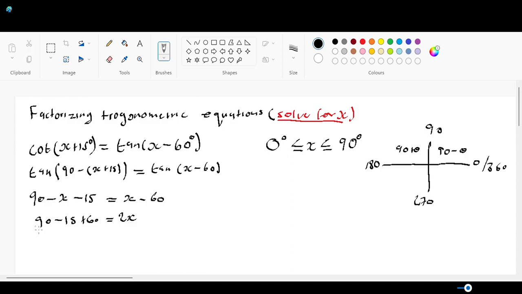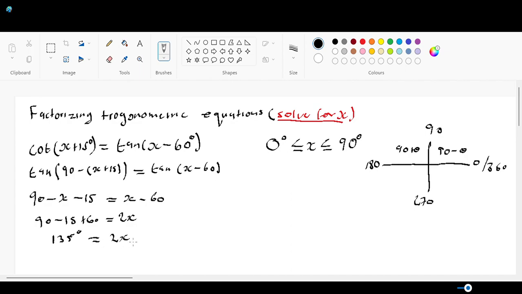So we know that 90 plus 60 is going to give us 150, minus 15, and it's going to give us 135 degrees.